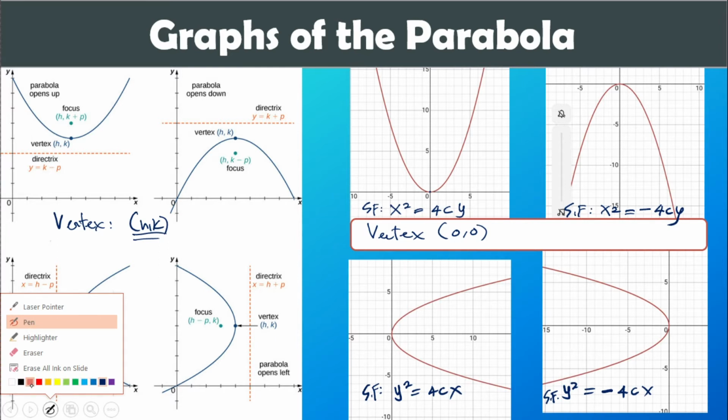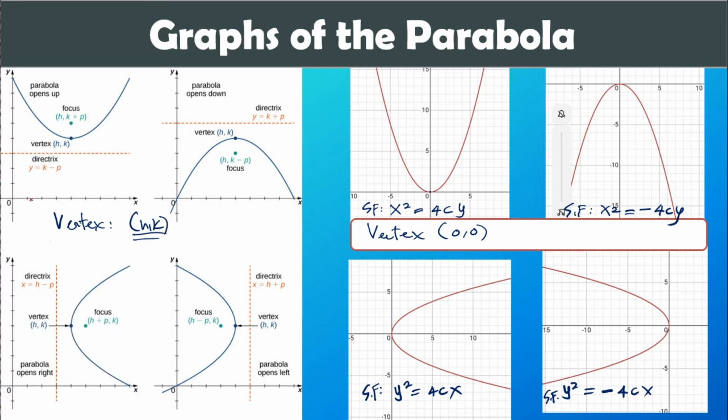So, yung standard form niya magiging (x minus h) squared equals 4c times (y minus k). Okay, so this is the standard form niya.